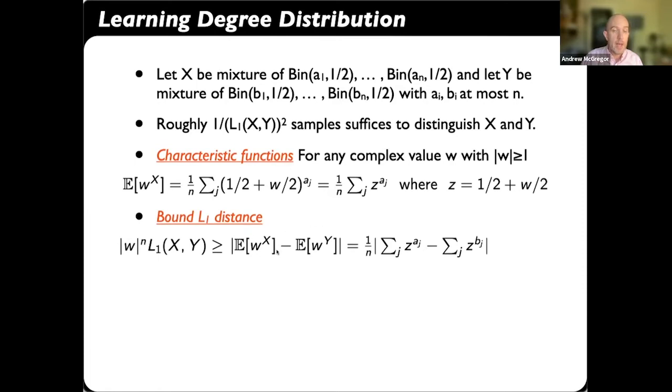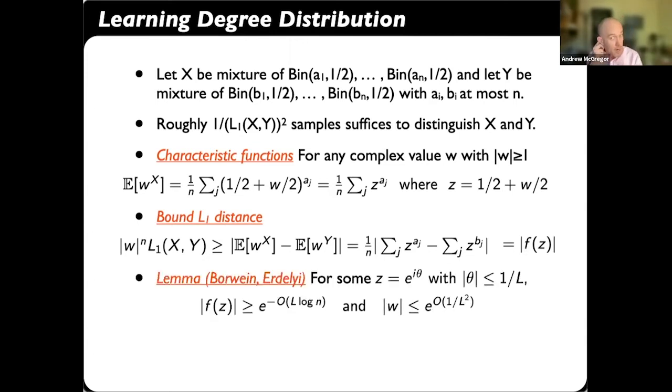Okay, so we can upper bound this difference in terms of the variational distance, which is what we want to get a handle on. As we have this lower bound, and this lower bound is all about a polynomial which has coefficients basically 1, 0, or -1, ignoring the factor of n. This is what's called a Littlewood polynomial, and it's an object that's been studied a fair amount by the combinatorics community.